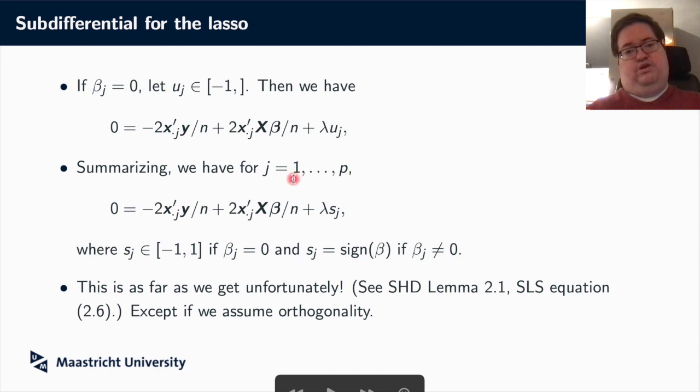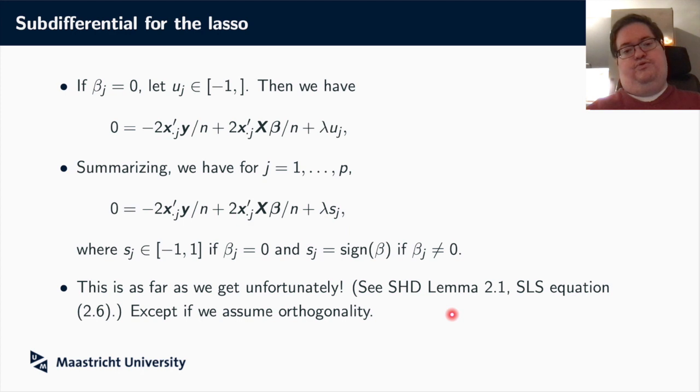We can write that, of course, for every j from 1 up to p. Unfortunately, this is as far as we get, and we cannot solve this analytically any further. Now, as you will see when we look at how we actually compute the lasso, this will be the basis of computations. But we still want to go a bit further and express the solution in a nicer way.